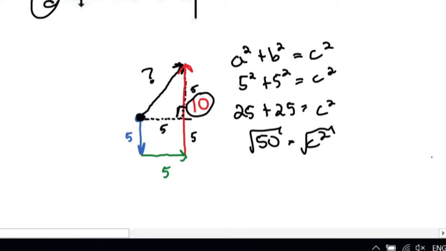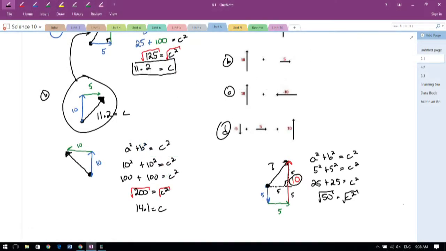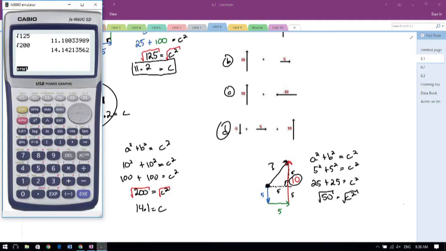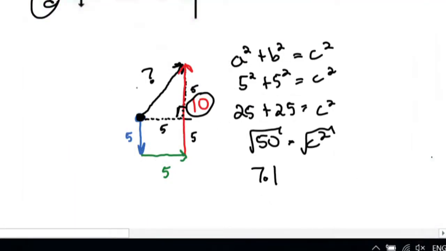I don't know what that is. My calculator does. So the square root of 50 is 7.07. We'll call it 7.1. Is the length of that last one.